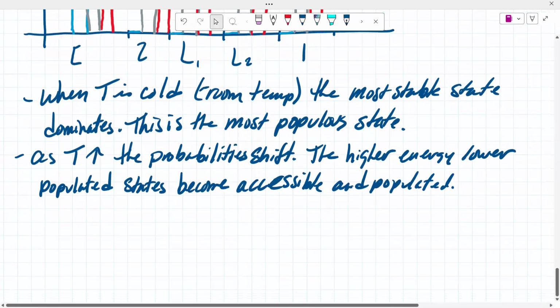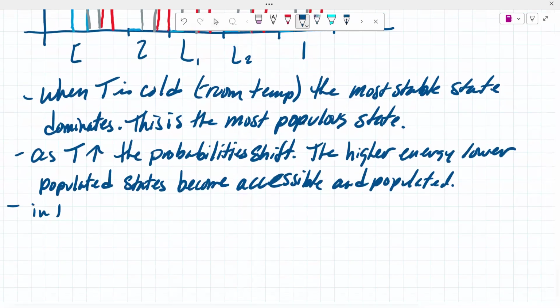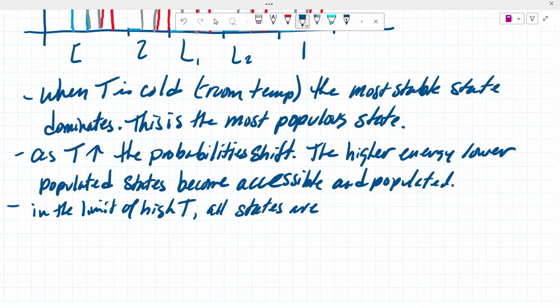And in the limit of high temperature, all states are about equally populated. And that's because they become accessible from the temperature.